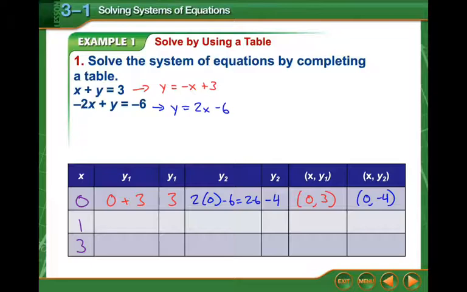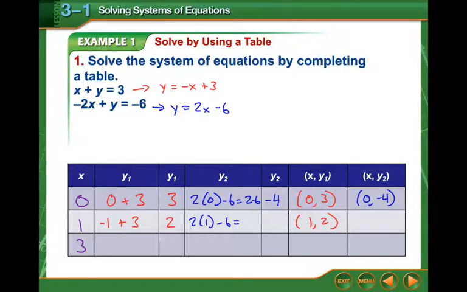Plug in a 1. Negative 1 plus 3 is 2. So our first one is at 1, 2. And then the second one, 2 times 1 minus 6 gets us, actually the first one is wrong.